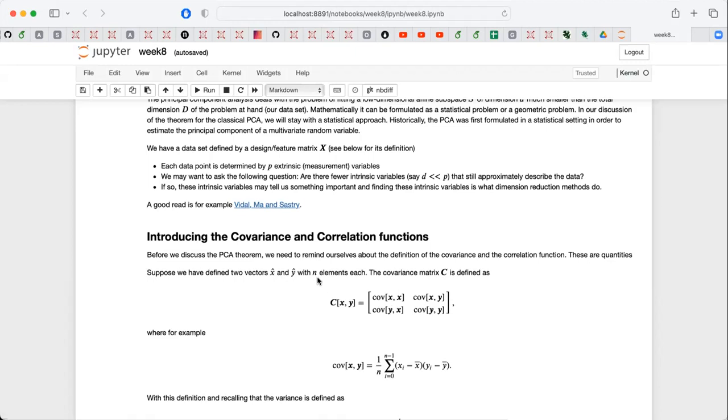If you're thinking of this cancer data, n could be the number of patients you have, and x and y could represent some specific features of a given type of tumor. So suppose x and y could represent the thickness of the tumor and the surface of the tumor.